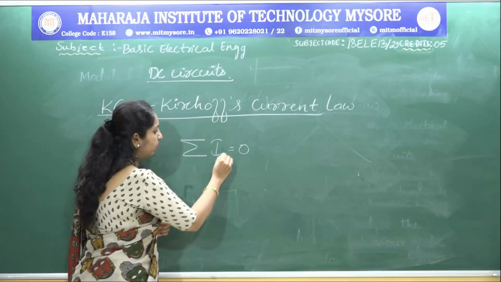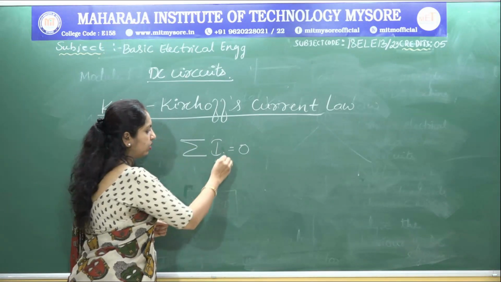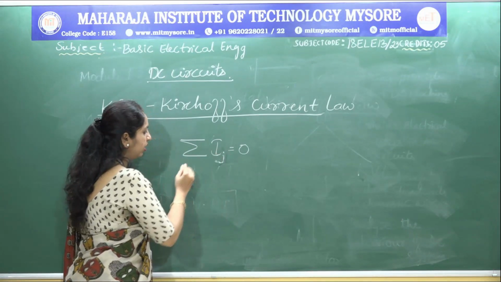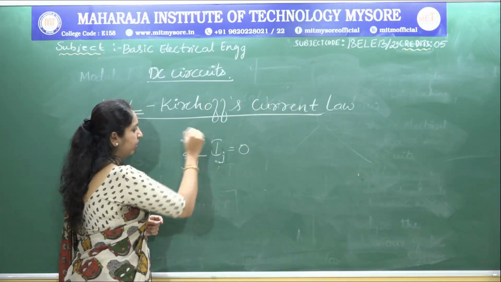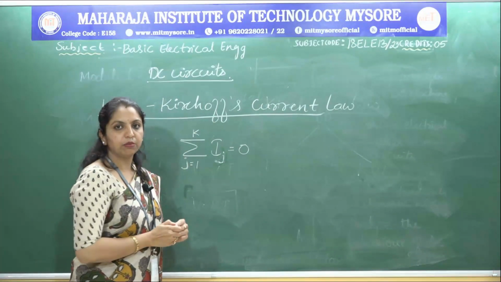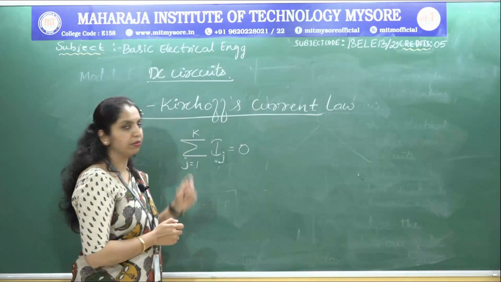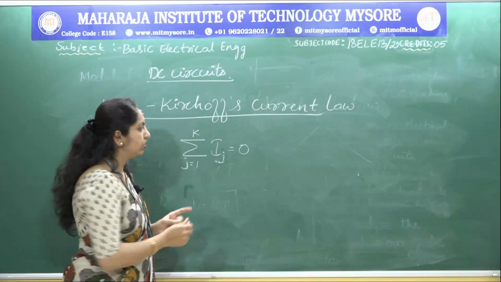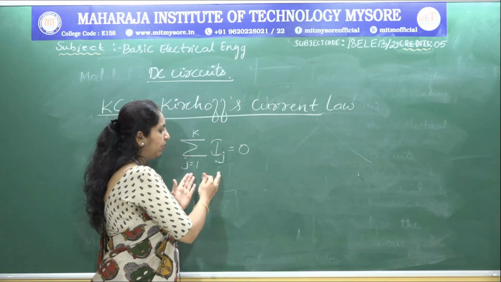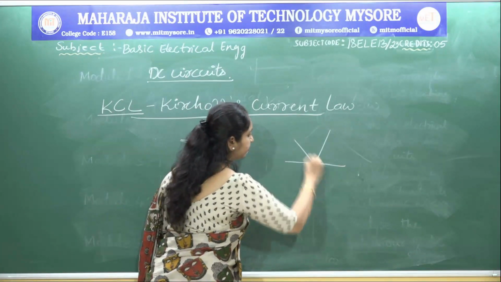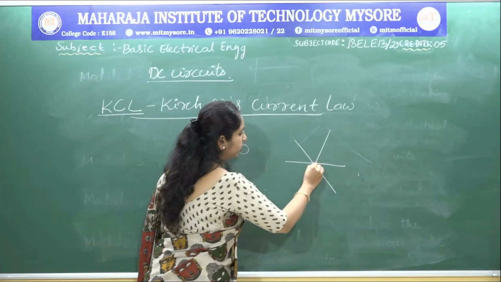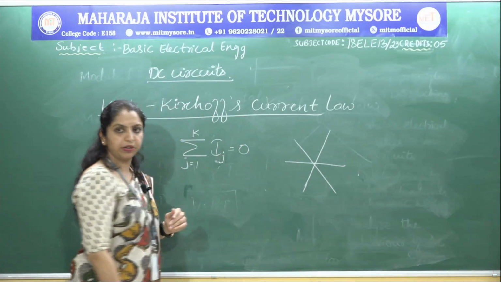We can have any number of branches here, so let me consider this as J, where J varies from 1 to K. That means we can have K number of branches. I will explain this equation with an example, considering this as an electrical network.